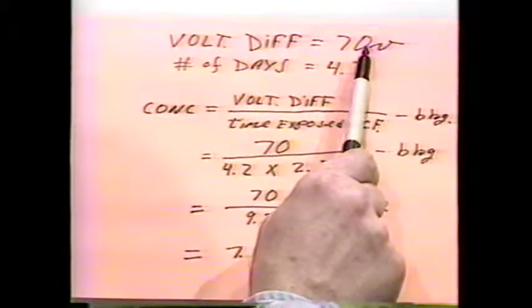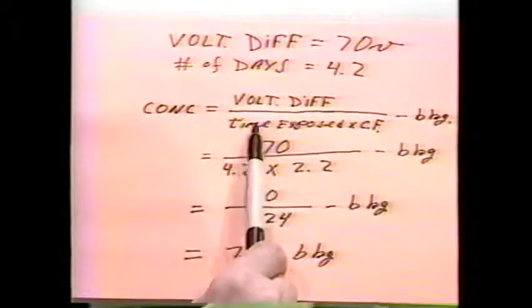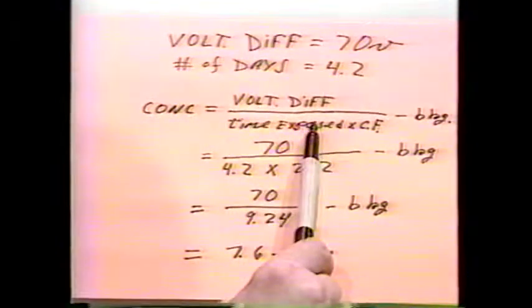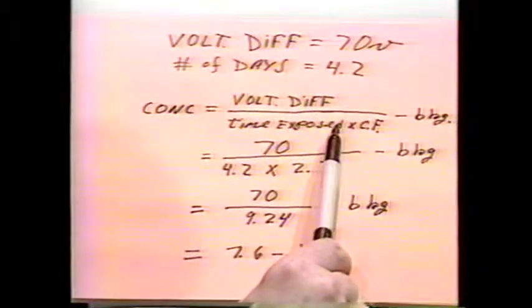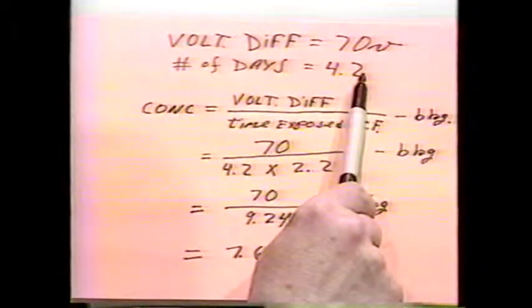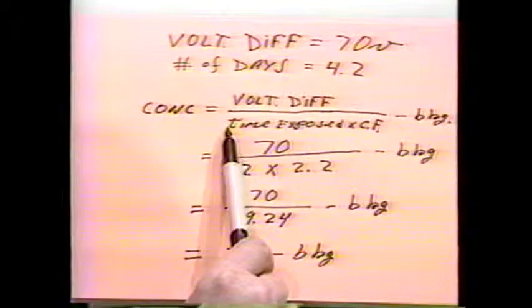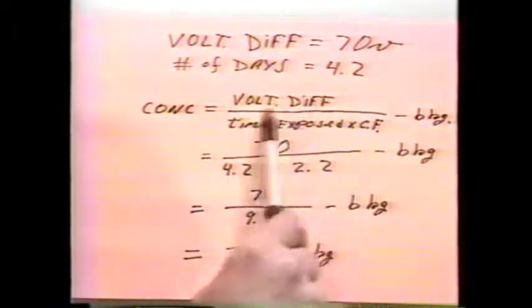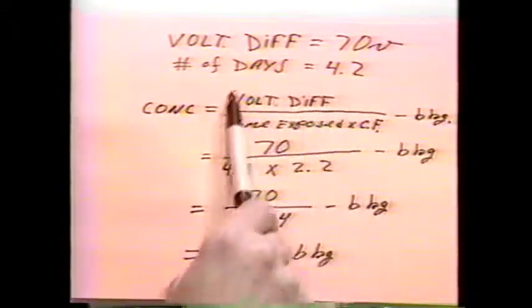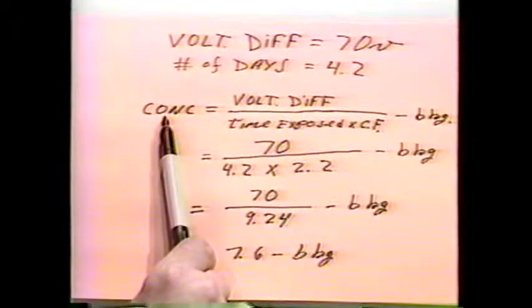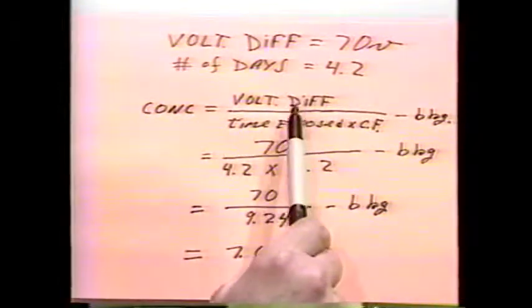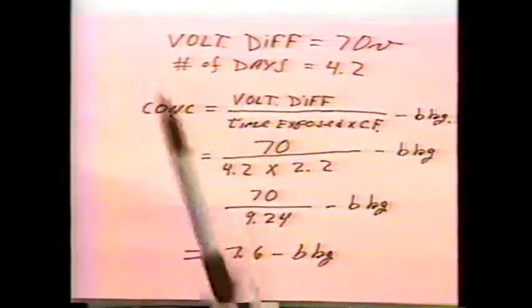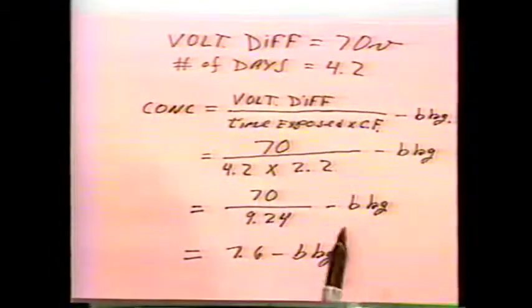Suppose we'd have had that same voltage difference over 10 days. The concentration would be much less, because we'd be dividing by 10 instead of 4.2. So you should recognize that the longer it's exposed for a given voltage difference, the lower the concentration you're going to get. That should make sense. It took longer to get the same voltage difference, and therefore the concentration must be less.